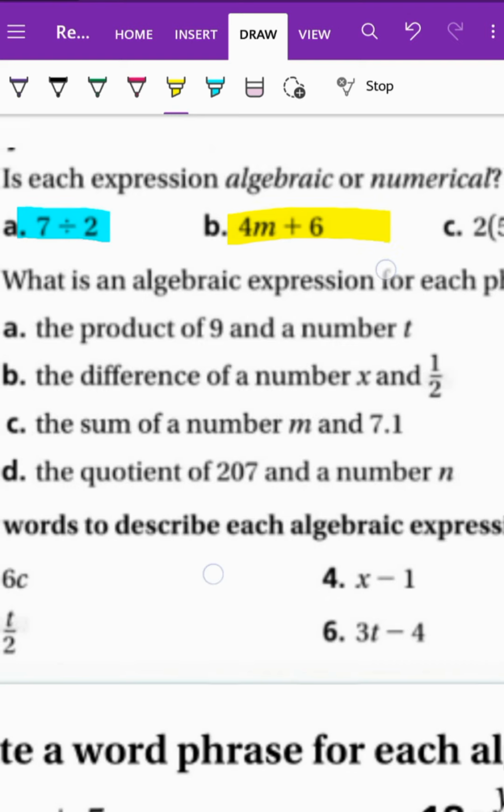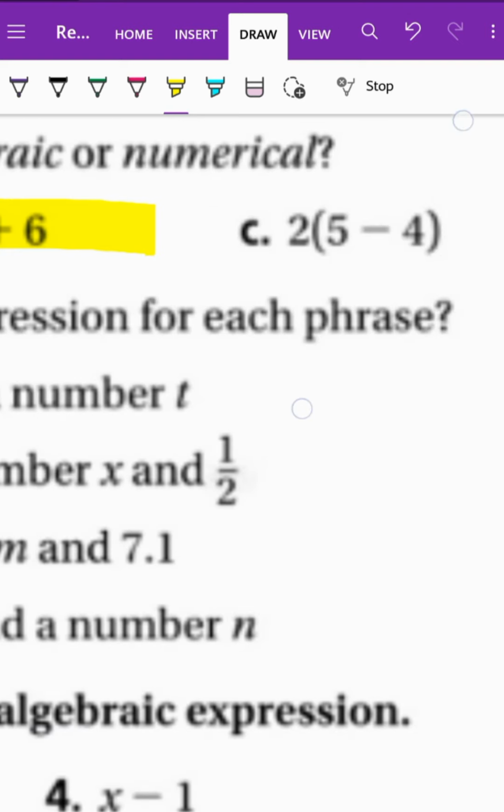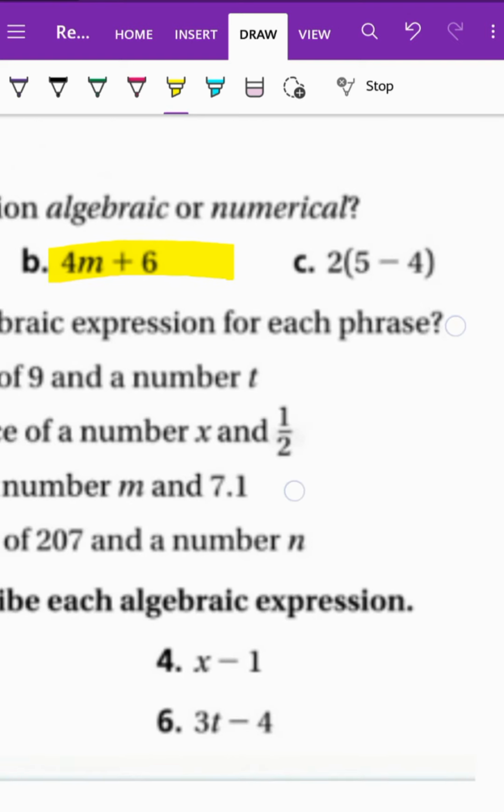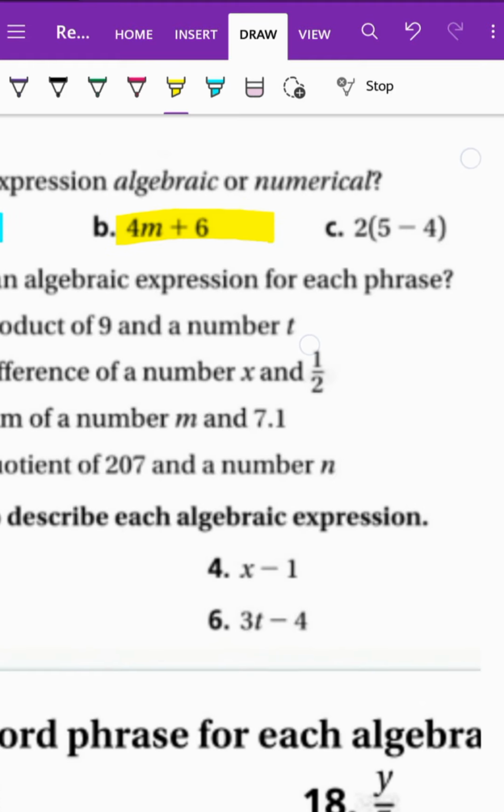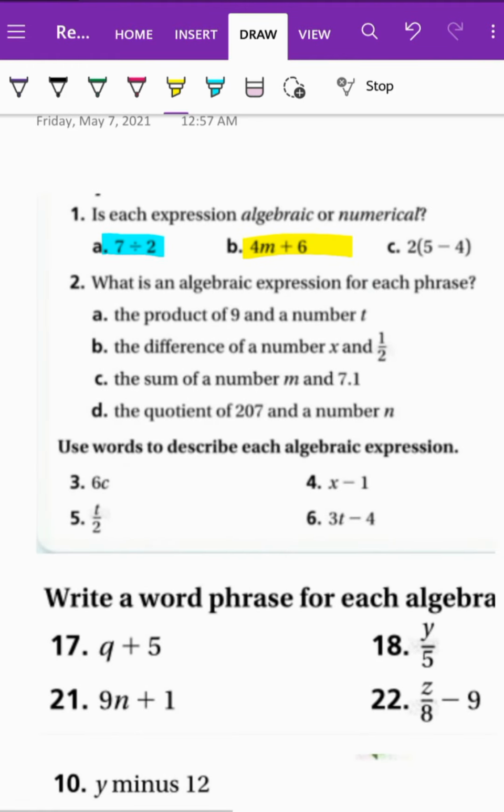What about C, Ayman? Numerical or algebraic? Numerical. Why? Because it has no variable. Okay, this is about algebraic and numerical expressions.